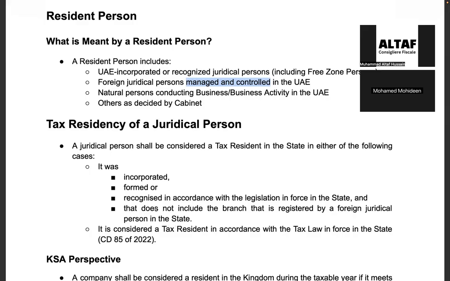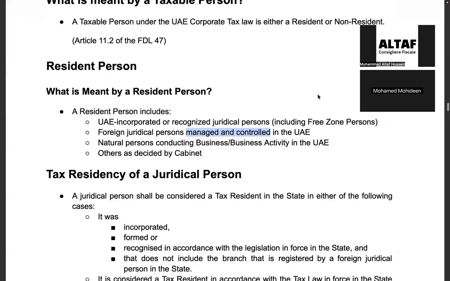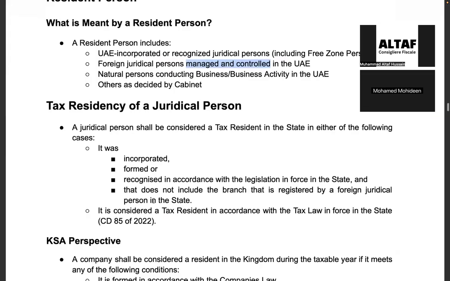The key point is that if a foreign juridical person has a branch in the state, it will not be recognized. But we need to always remember that earlier on we talked about the fact that free zone persons can be resident persons if their place of effective management is in UAE.